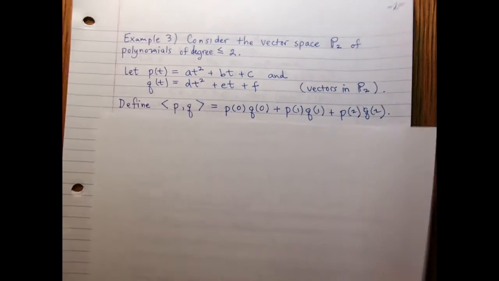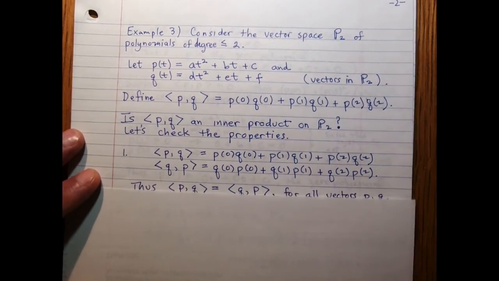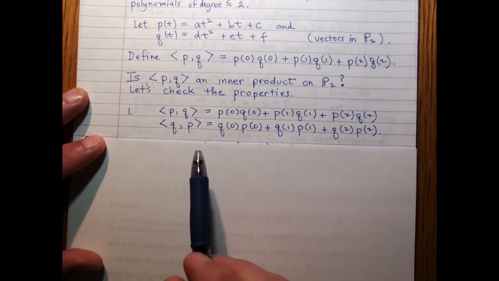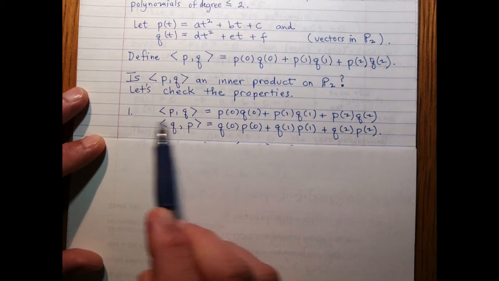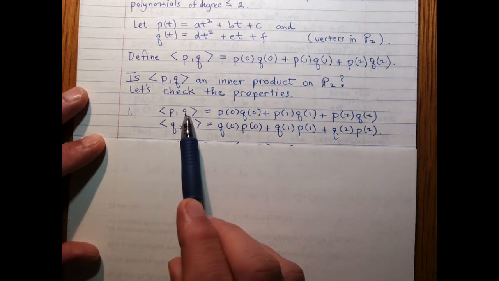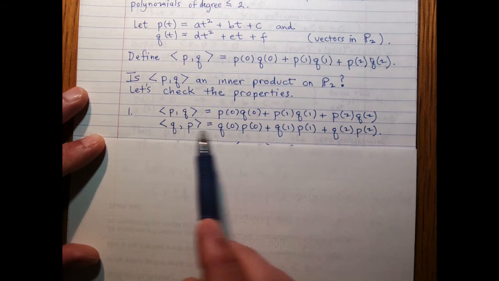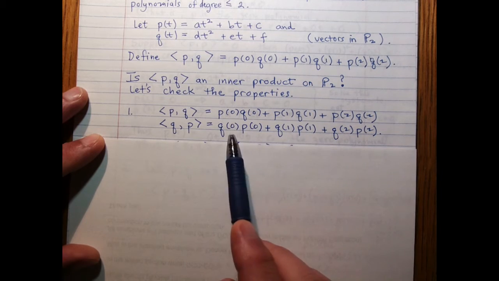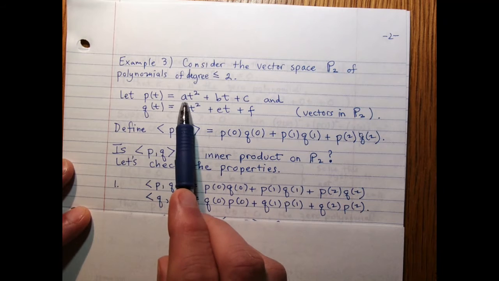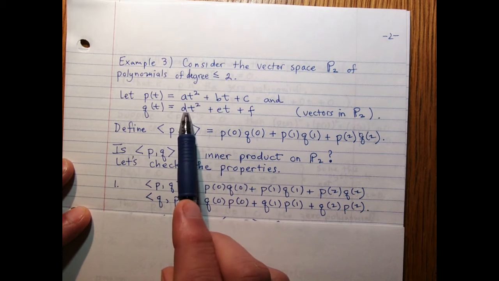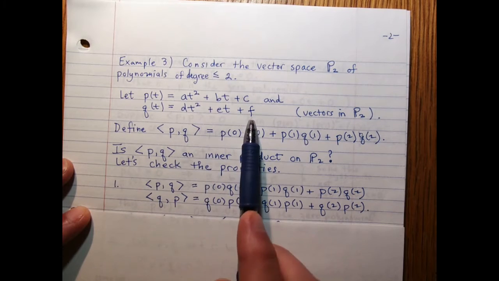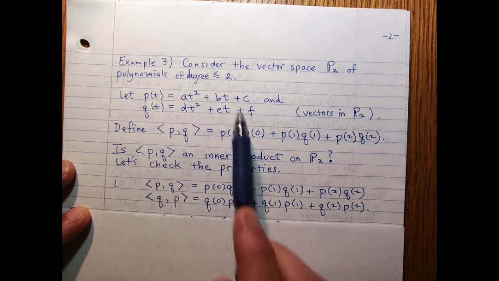Let's go back to the main handout and start verifying the properties. Property 1 is that commutativity property, so we have to look at the inner product of P and Q and Q and P. When I wrote them out in this way, I didn't actually plug into those polynomials I described in this abstract way with coefficients a, b, c, d, e, f, because we don't need the a, b, c, d, e, f yet here.